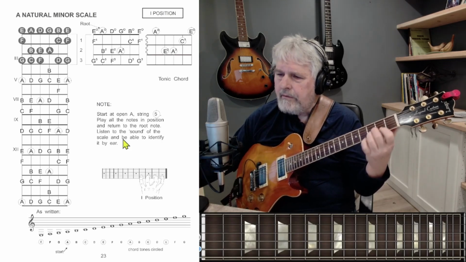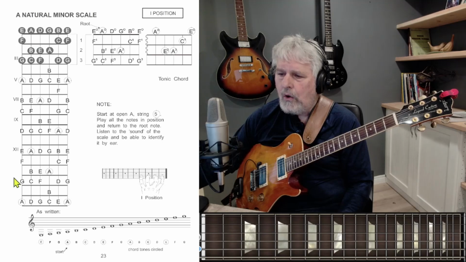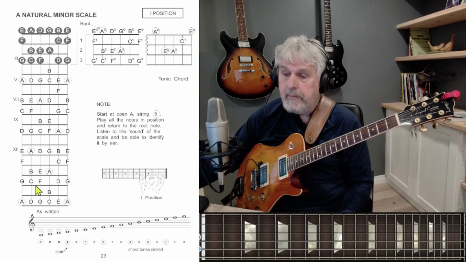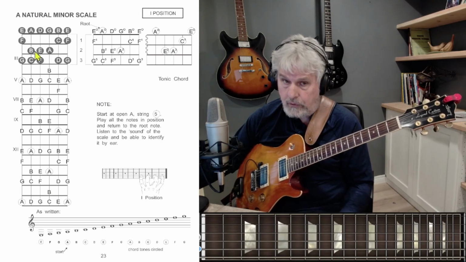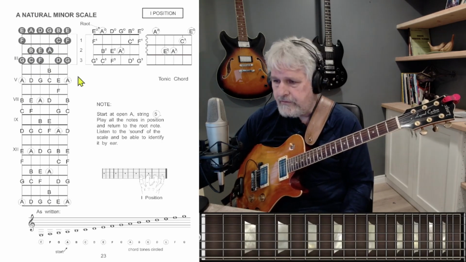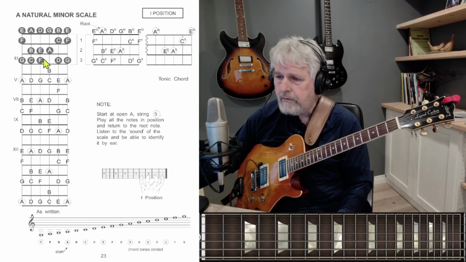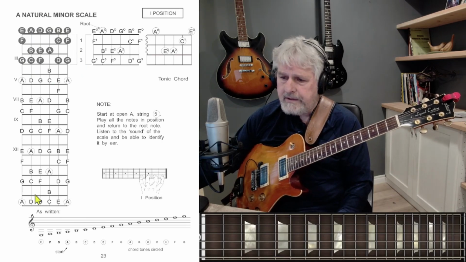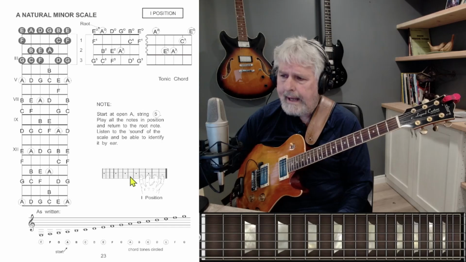All right, now what you're looking at is all the natural notes on the fretboard: A, B, C, D, E, F, G, A, B, C, D, E, F, G, A, B, C, D, E, F, G, right? They're placed on the fretboard, and then we organize them with our hand, right?